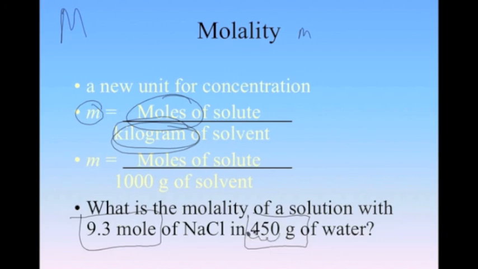We get 0.450 kilograms. So in our equation, molality equals moles, which is 9.3, all divided by 0.450 kilograms, and we will get a molality of 20.67.